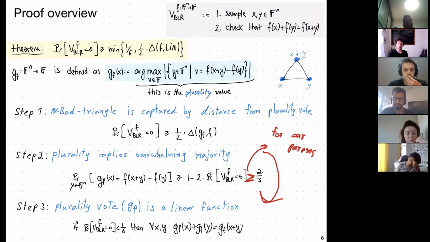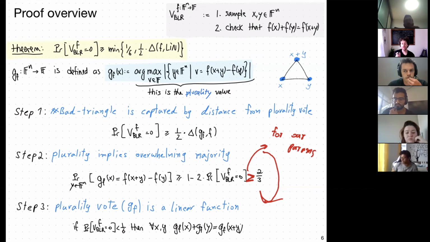Good, excellent question. I have a question. In the theorem, you take the minimum distance of f from the set of all linear functions. Yes. But then you say that instead of considering the set of all linear functions, we can just consider this plurality function g_f. Yes. But you also need to prove that this g_f is the best function in the set of all linear functions to take, right?